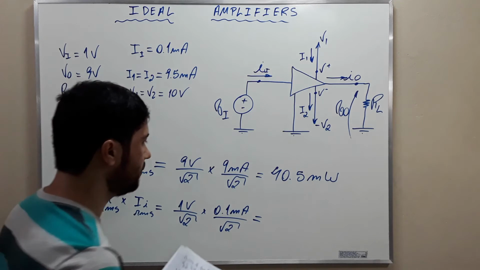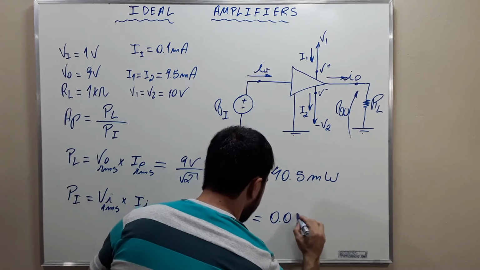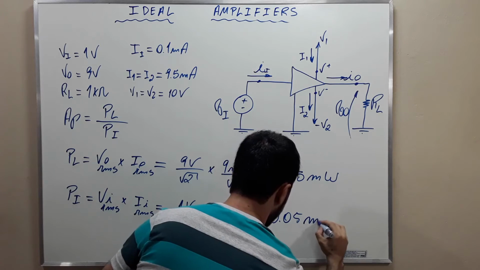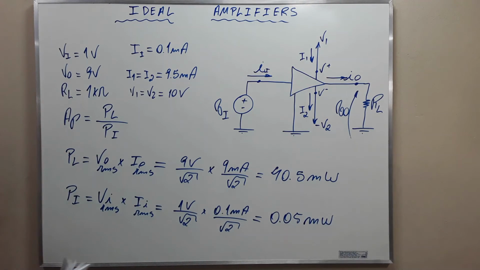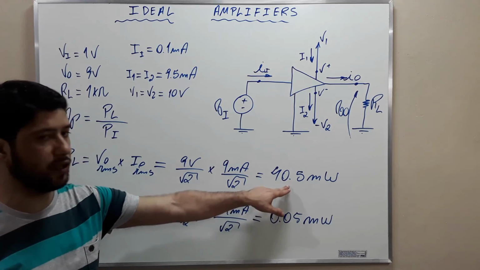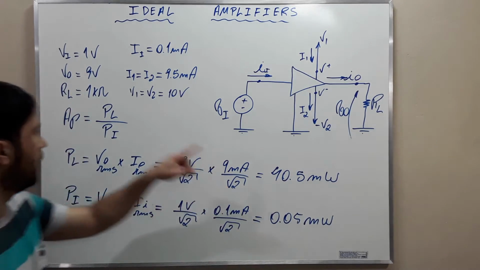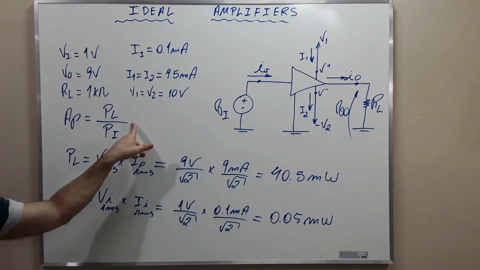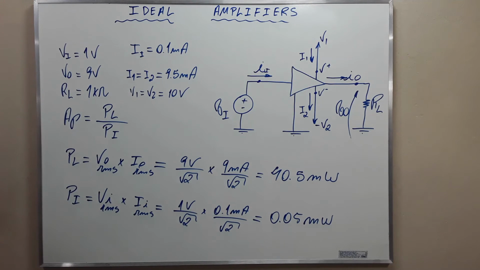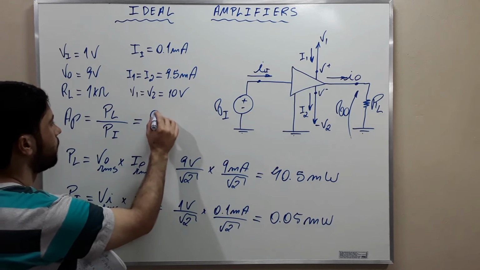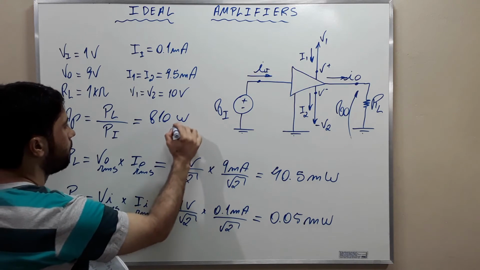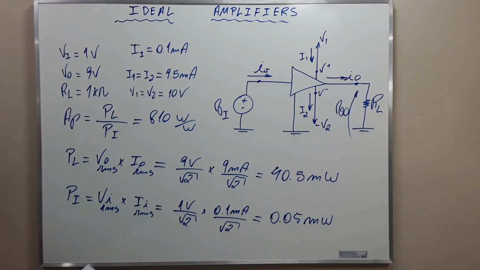And then we find 0.05 milliwatts. We can simply put these values in this expression here, and we are going to find 810 watts per watt.